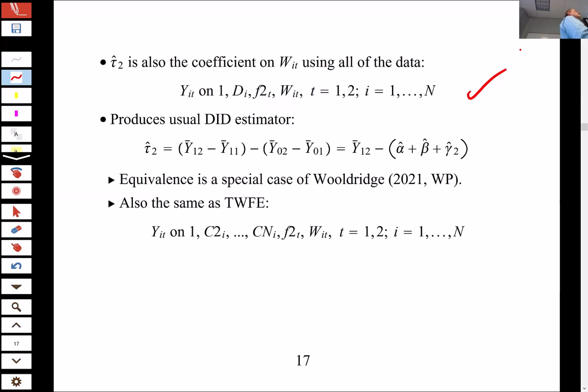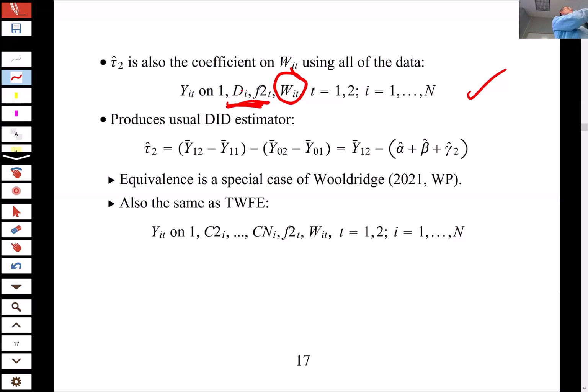This is using all of the data, and all I do is put in a constant, whether you're ever treated, which doesn't change over time. This is just always 0 in the first period and 1 in the second, and then this is my treatment indicator. The way I like to think about this regression is these 2 variables are control variables.